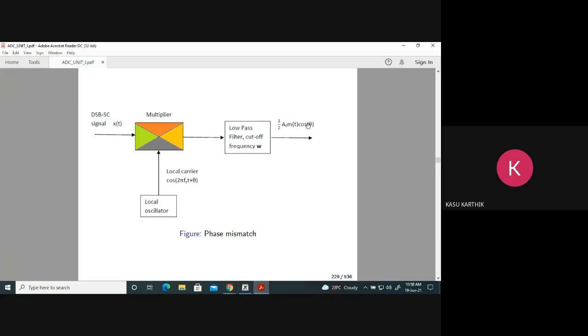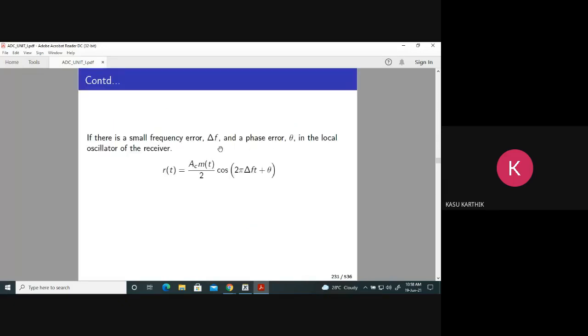It is some kind of attenuation. But remember, when theta equals pi by 2 or 90 degrees, you get zero output. That should be avoided. That is called null effect. Now, as I told you, there could be a phase mismatch and frequency mismatch. Suppose there are both mismatches, frequency mismatch and phase mismatch. So this is output now.